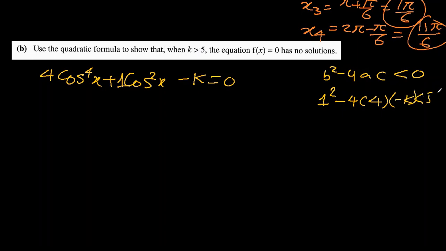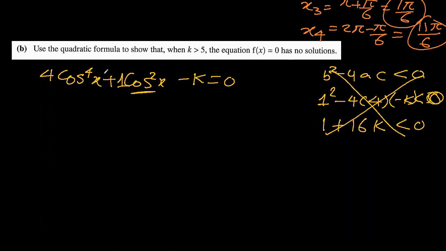We can't say that it is that way, but this will definitely give you an answer. 1 plus 16k less than 0, not 5, less than 0. So it will somehow give you an answer, but that is not actually what they want. The cos square should not have an answer. So we cannot use the discriminant in this.